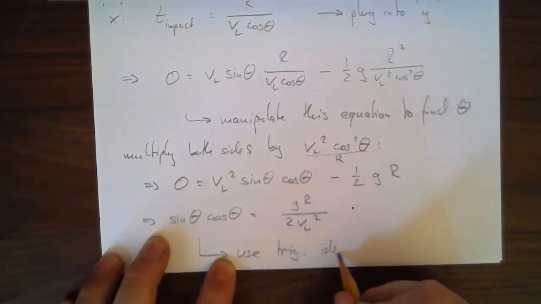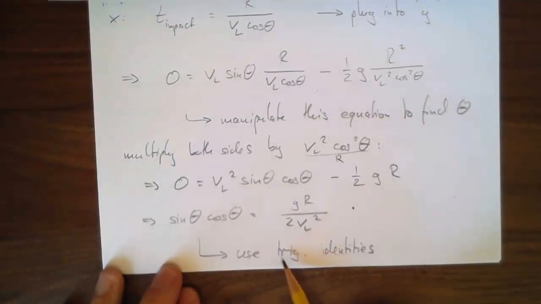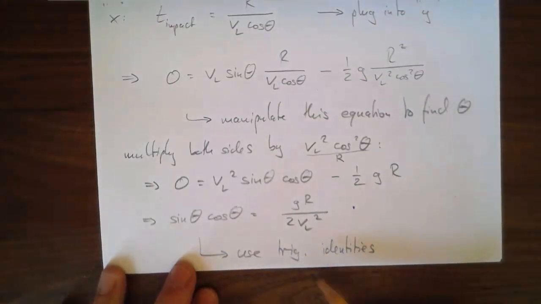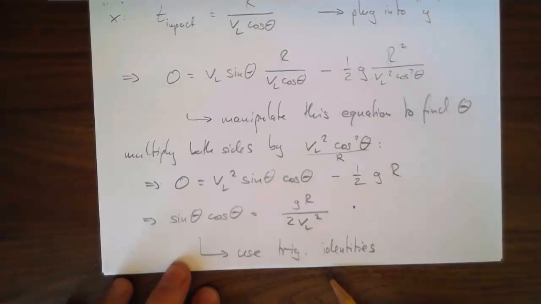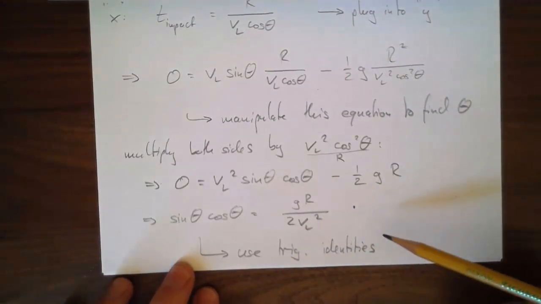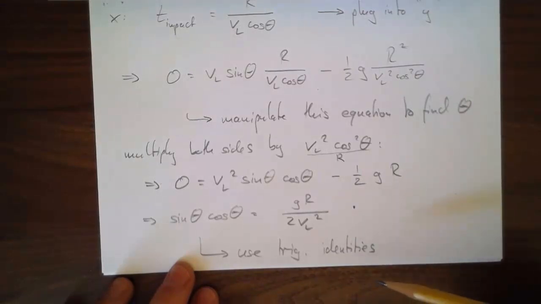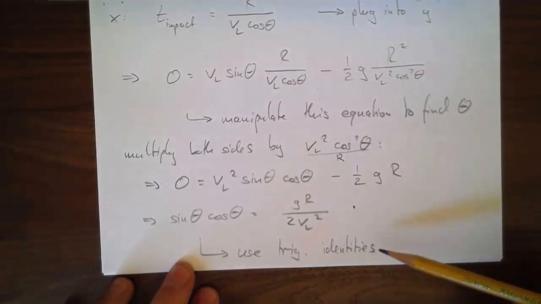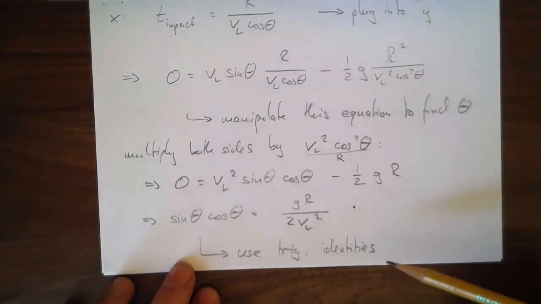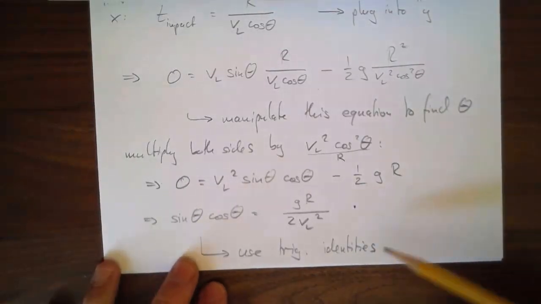Trigonometric identities. Now you find them in your textbook. You can just go online and search for a list of trig identities, like Wikipedia has a fantastically long list. What those are is essentially a long list of relationships between sines and cosines and tans and cotans, everything, stuff you've never heard of.